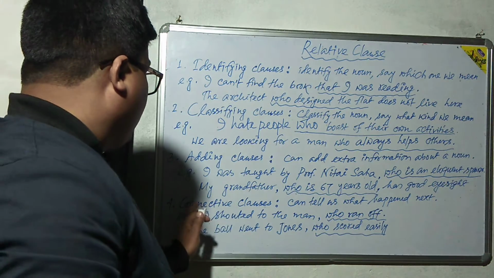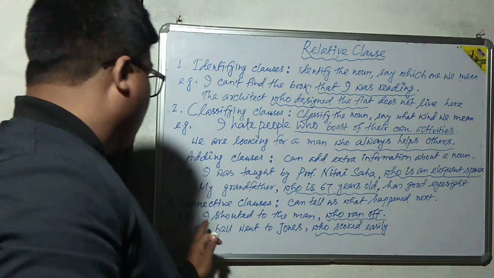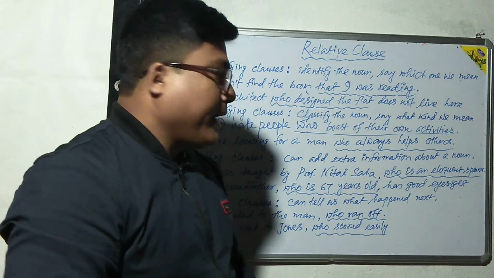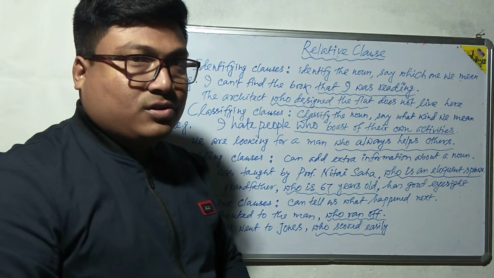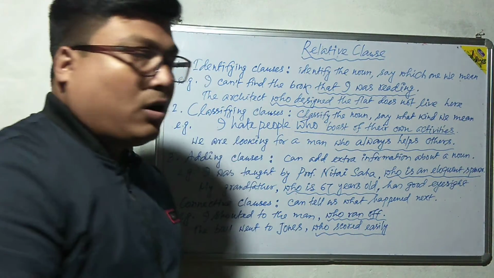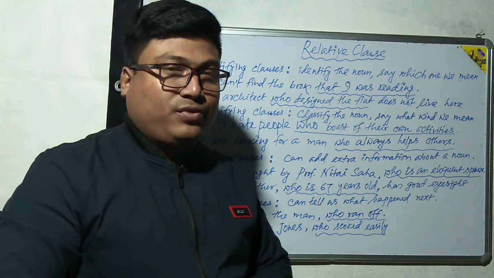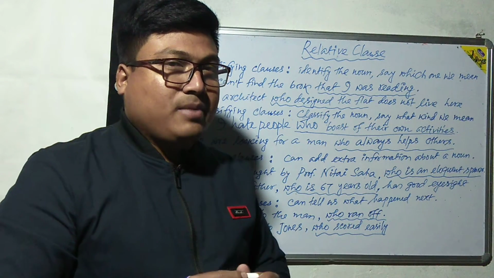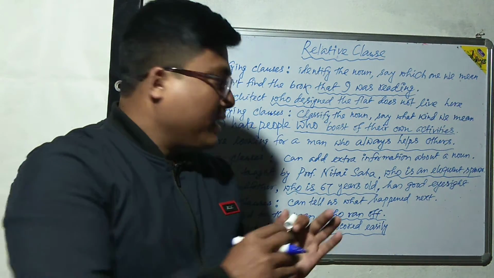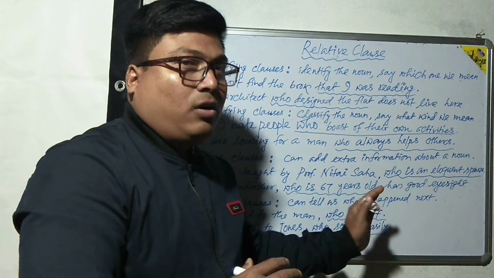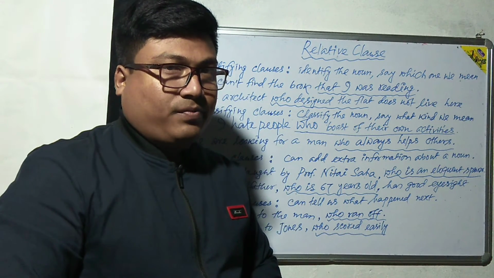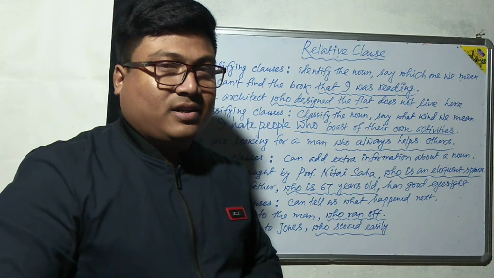Then connective clauses, I shouted to the man, comma, who ran off. The use of comma in these two clauses is an important feature, and at the time of speaking we generally pause before pronouncing this clause.